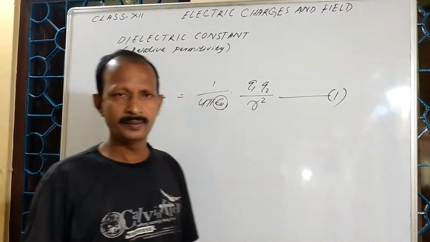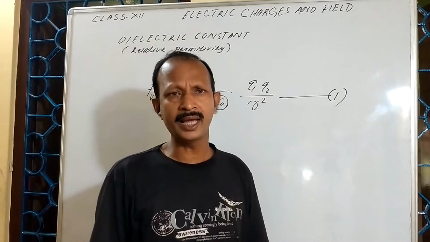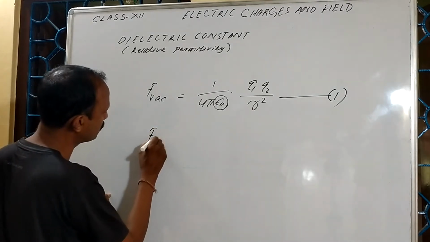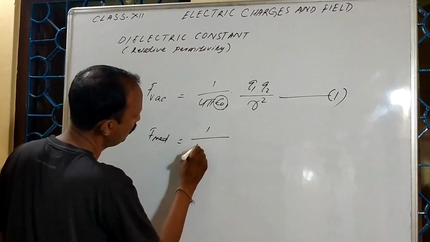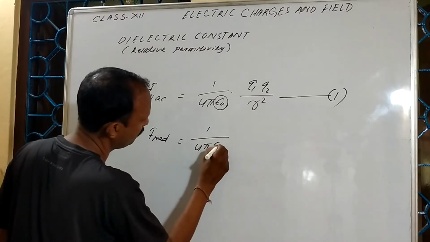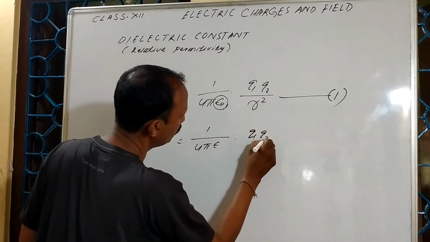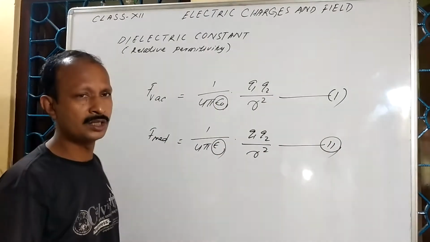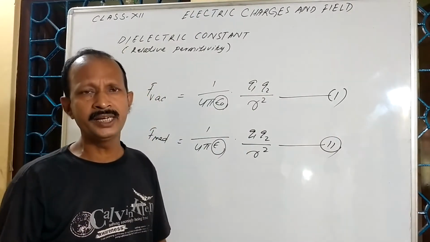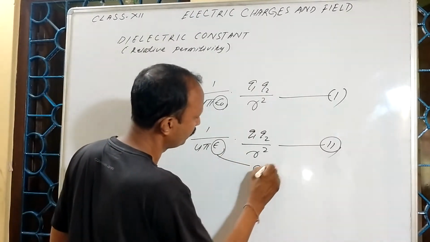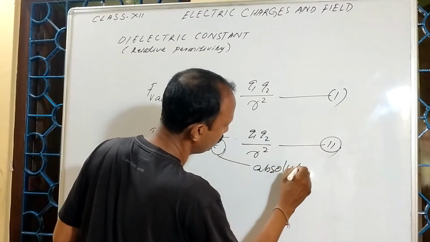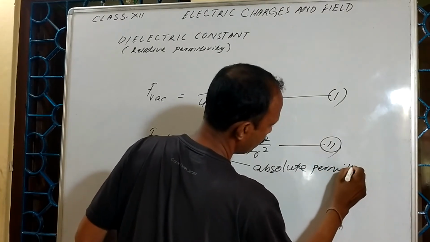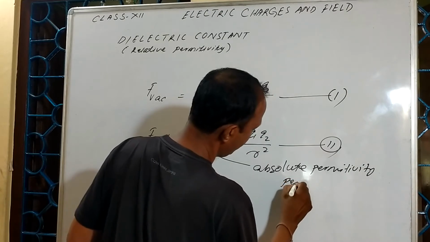Similarly, if in place of vacuum or air other medium is there, then I can say that according to Coulomb's law, the force in that medium is equal to 1 by 4 pi epsilon into q1 q2 upon r square. So what is this epsilon? This is the absolute permittivity of the intervening medium.